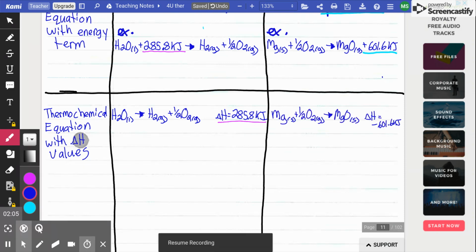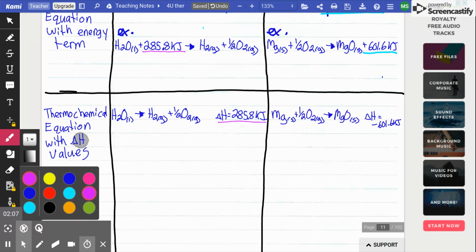For an exothermic reaction, do exactly the same thing, except notice that because it's exothermic, the delta H is negative because the system has lost energy. So you can tell if your reaction is endothermic or exothermic based on if the sign in front of the delta H value is positive or negative.